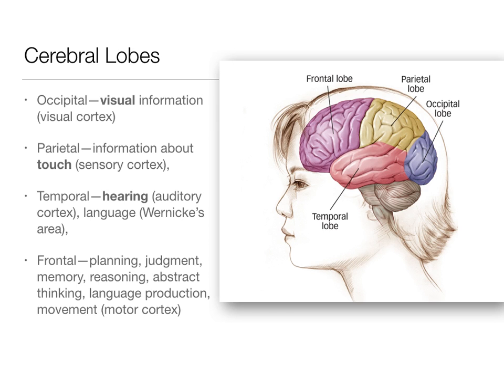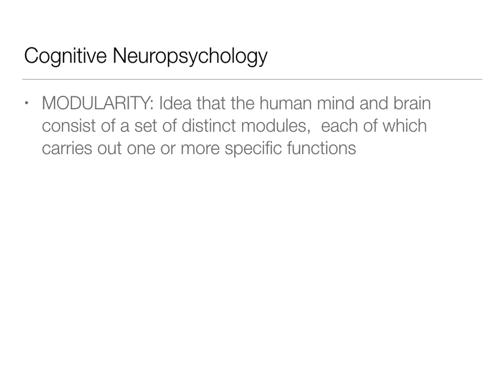These 4 different lobes really lead us to this idea from cognitive neuropsychology of modularity. That's the idea that the brain consists of distinct modules, each of which carries out specific functions. The occipital cortex that has our visual cortex, that's the idea of modularity, happening in one specific location.